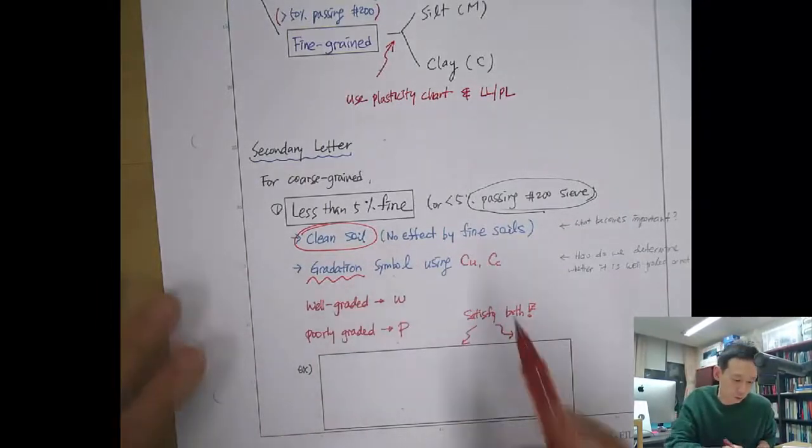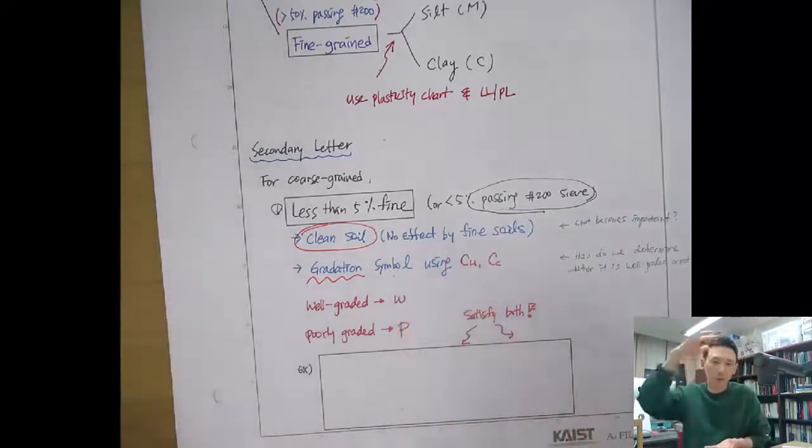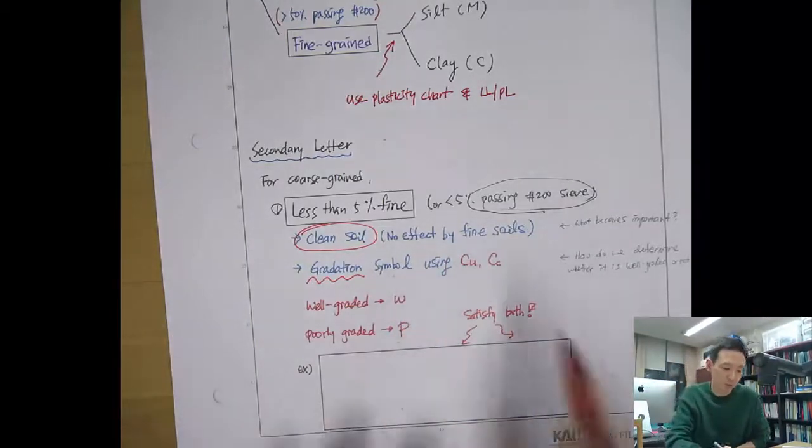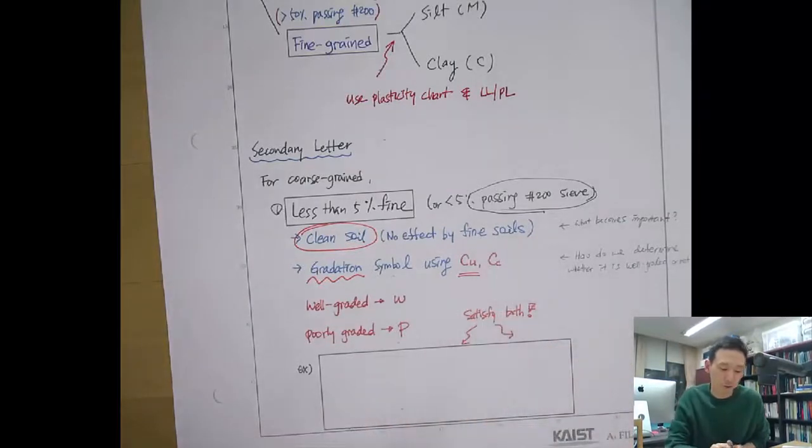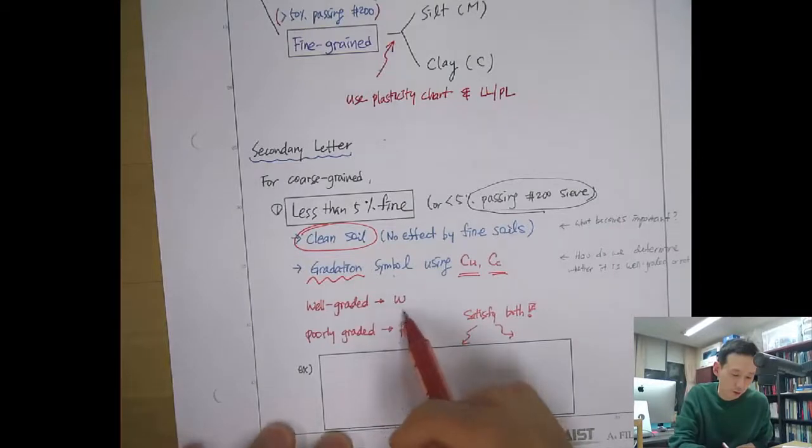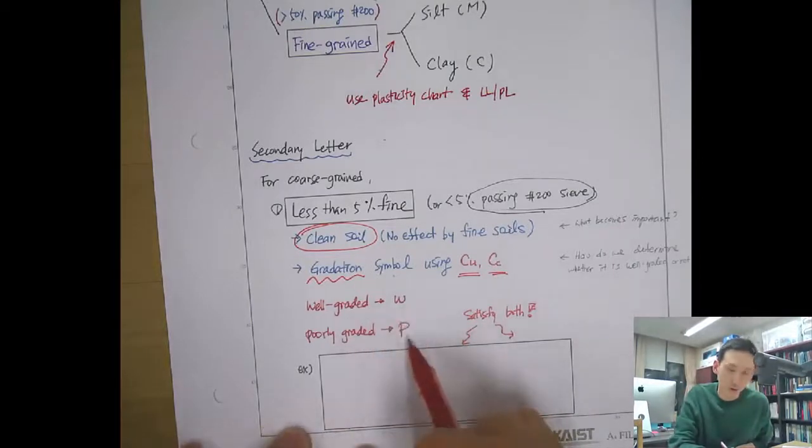So then we'll do the sieve analysis and determine the CU and the CC, the coefficient of uniformity and the coefficient of curvature, and using that we can describe whether it's well graded or poorly graded.